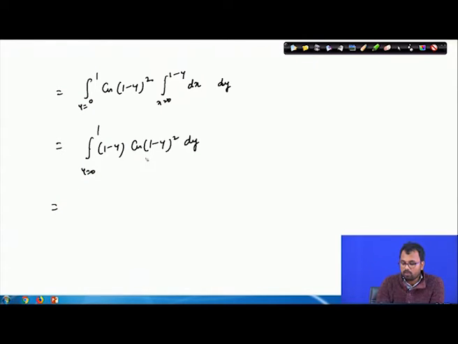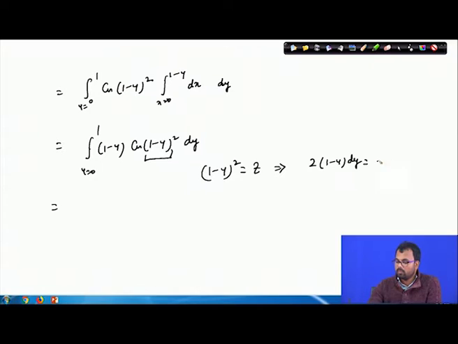Now we can substitute 1 minus y square equals z. Then this will be 2 times 1 minus y dy equals minus dz. If I substitute the values, when y is 0, z is 1, and when y is 1, z is 0, and here I have minus, and this will be sin z dz, and since we have minus here, we can change the limit.